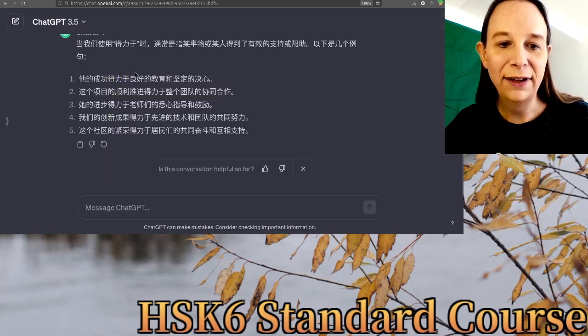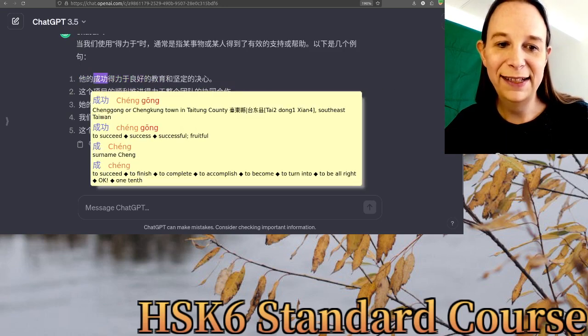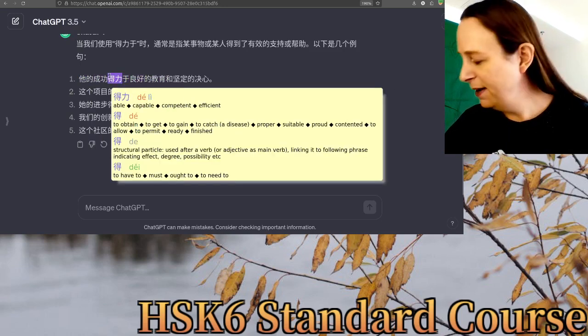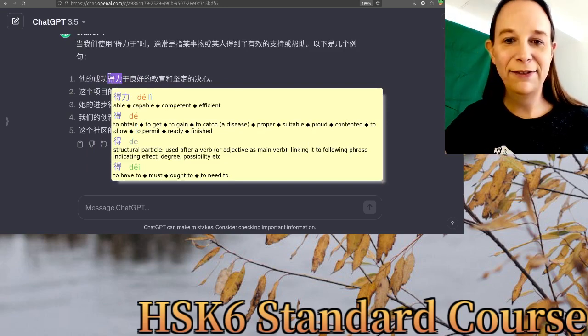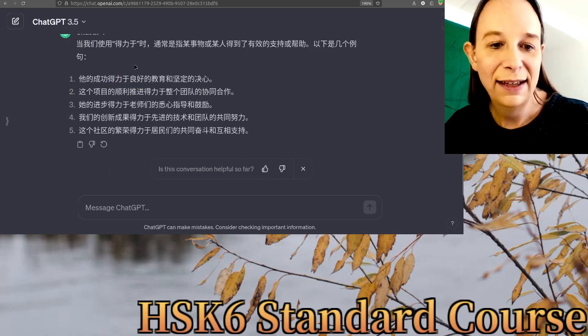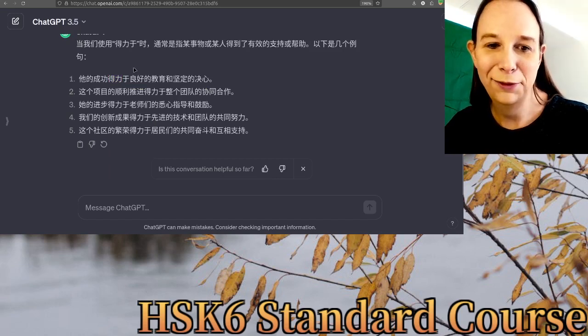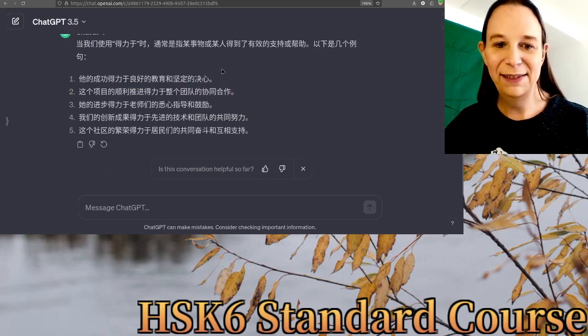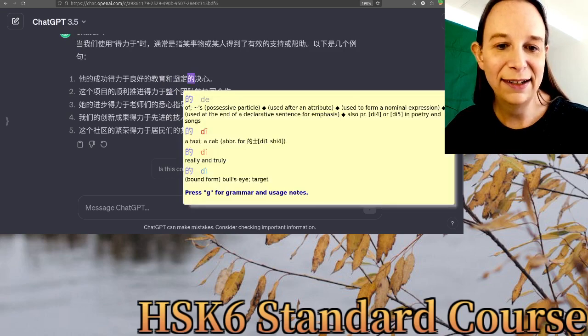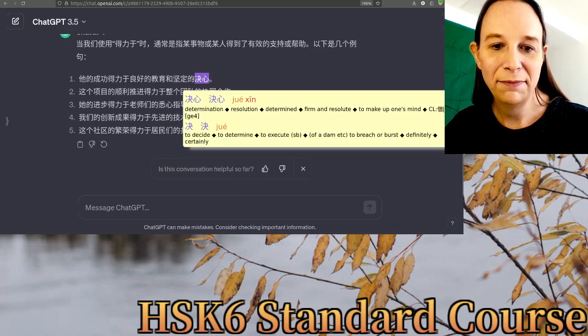Okay, 得力于 benefited from his success. Like benefited from, what did the text say? Yeah, it said benefit from. Benefited from 良好, a good education and a persevering spirit or something like that. A decisive spirit, resolute decision.